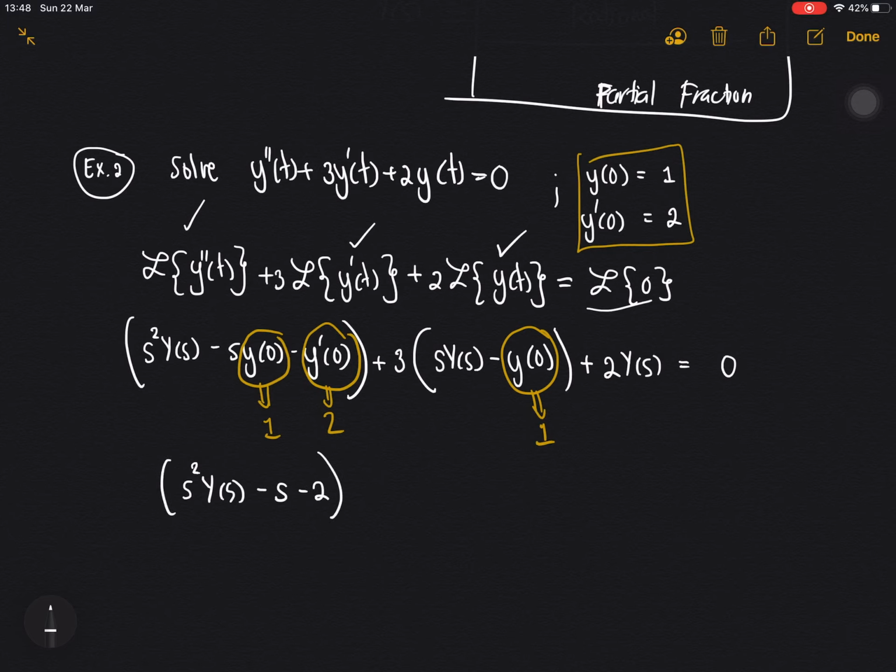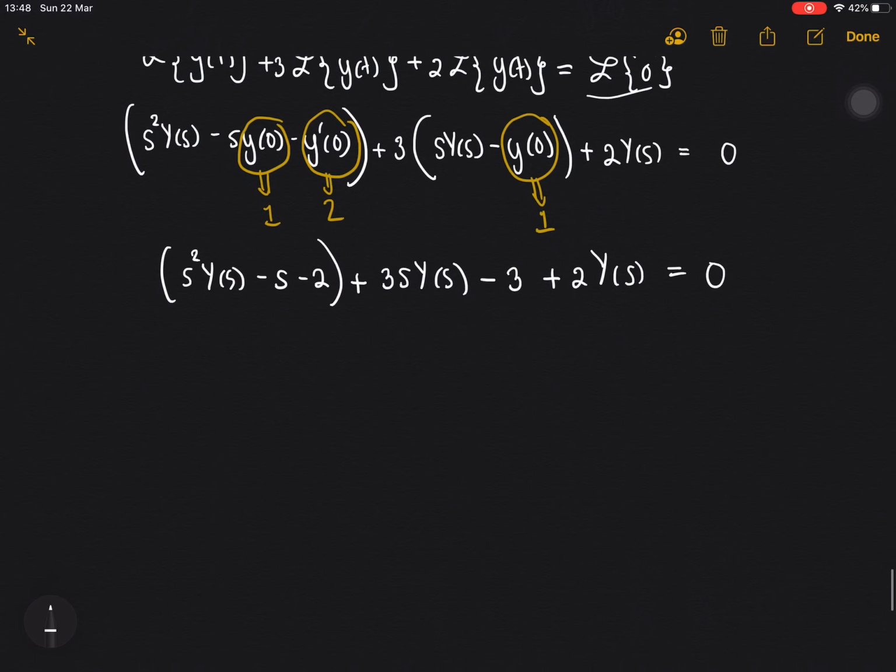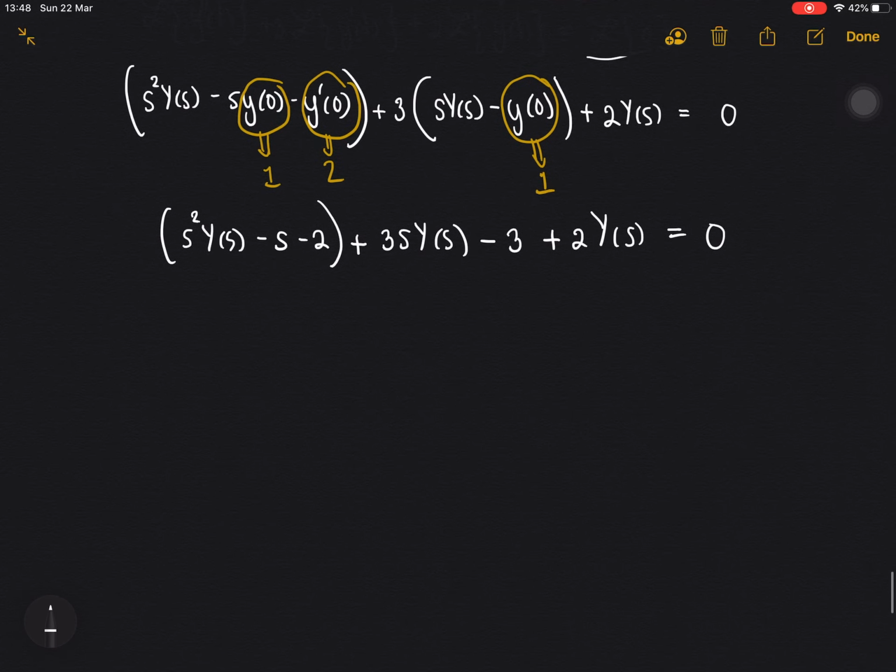So that is for the first expression, adding up with 3 multiplied with Y(s), and then minus 3 multiplied with minus 1, so that becomes minus 3, and then you have the addition of 2 multiplied with Y(s), make that equivalent to 0 according to the question.